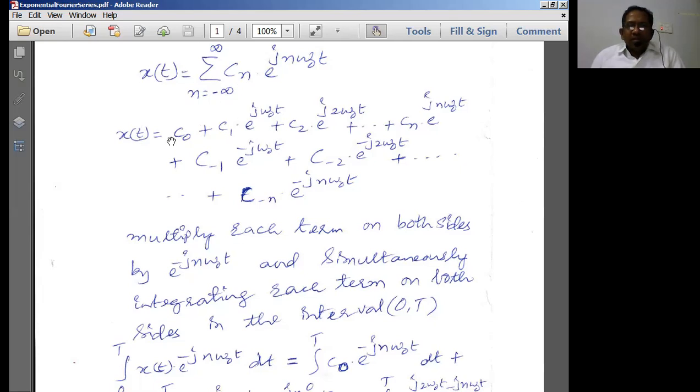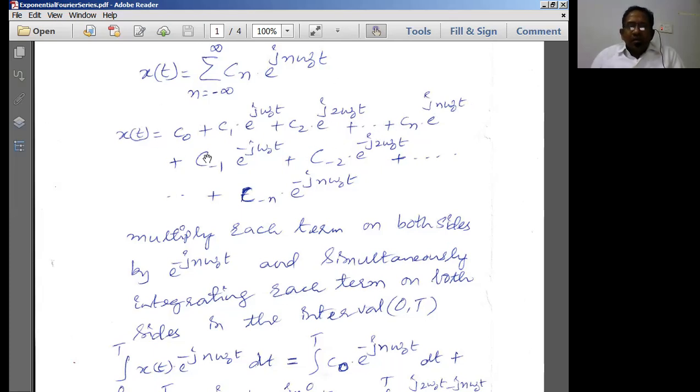If n is equal to 1, I can write C1 e power j omega naught t. If n is equal to 2, similarly I repeat this process, C2 e power j 2 omega naught t, and so on up to n terms, so I can write this as Cn e to the power j n omega naught t.